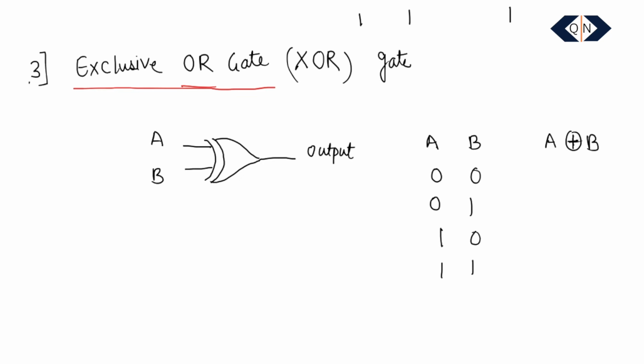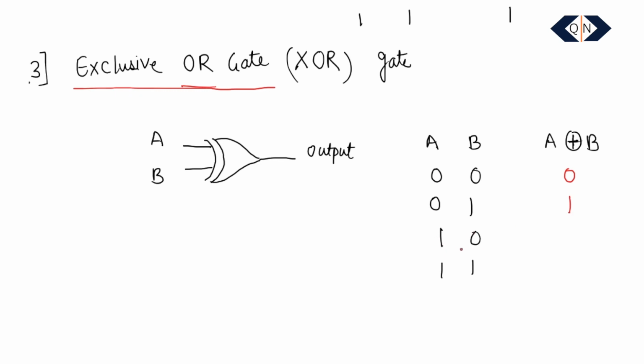What happens in the XOR gate? If any one of these is 1, then only it will be 1. If both are the same, then it will not be 1. So if this is 0 0, it will be 0. If this is 0 1, since one bit is 0 and another is 1, it will be 1.